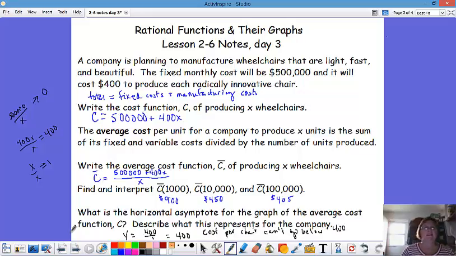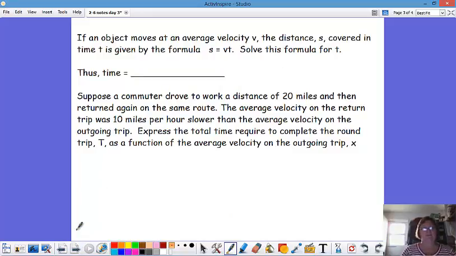All right. So we have a word problem, a rational function fits it very well, and we can tell a little bit about that production scene just by looking at that rational. Here's another example of the same kind of thing.